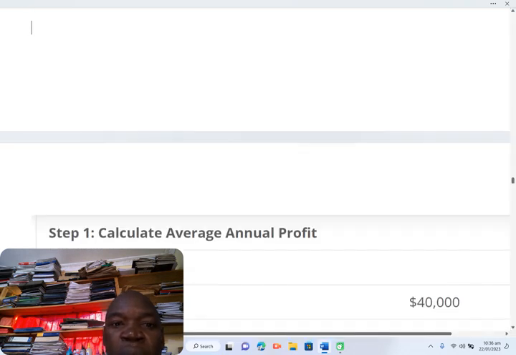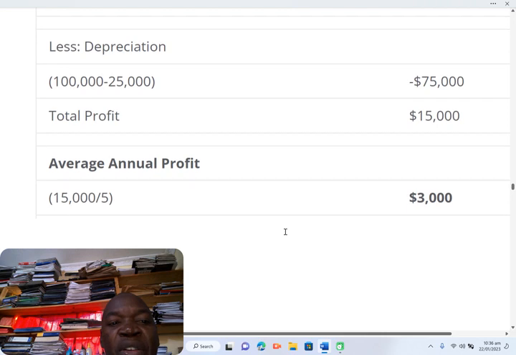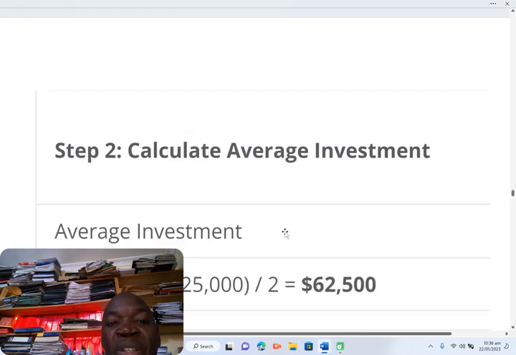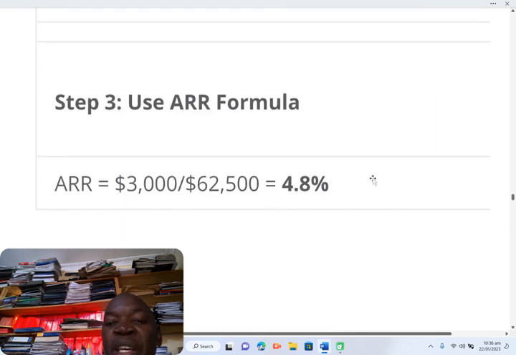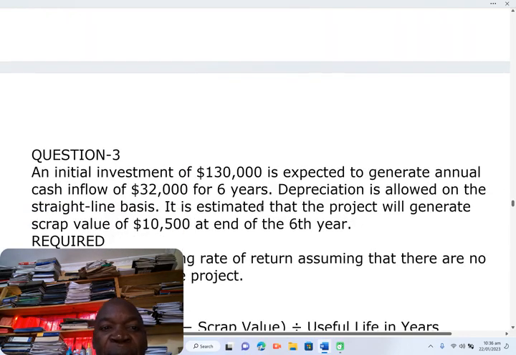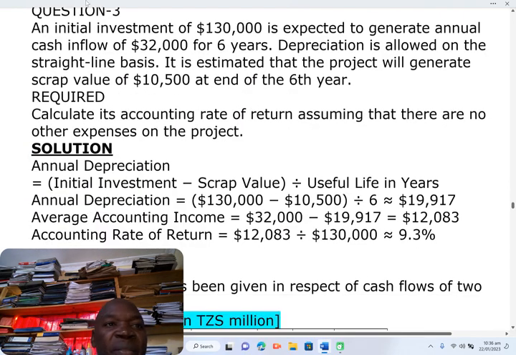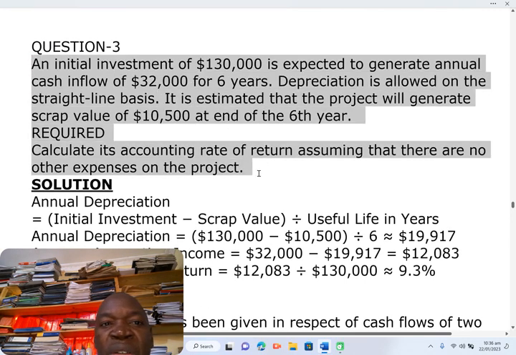So even in this solution, as you see, there are several computations based on different methods. Let's see here what happened to question number 3.